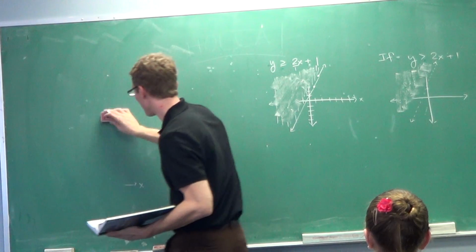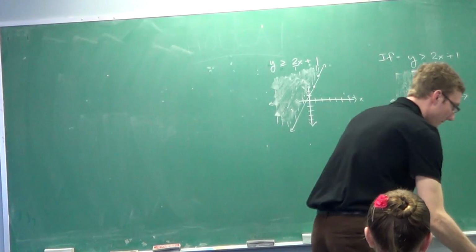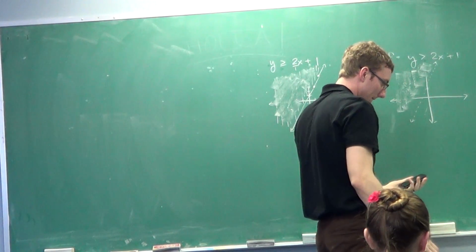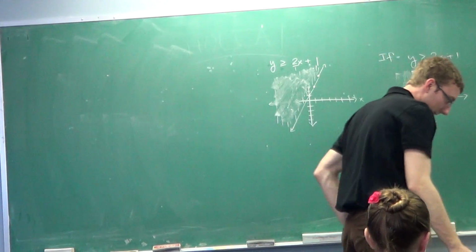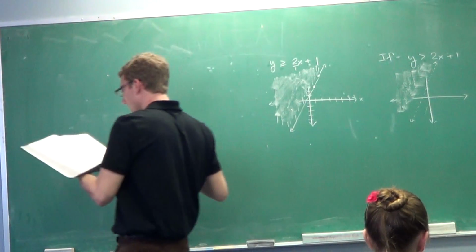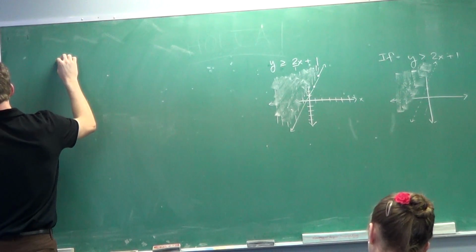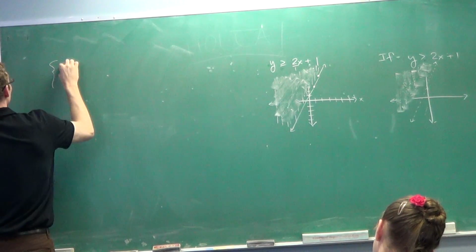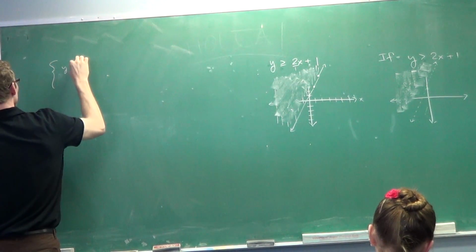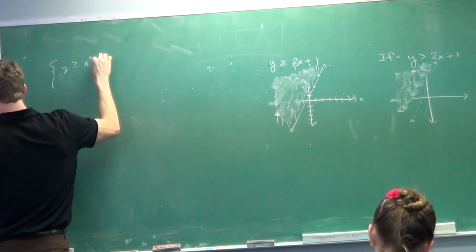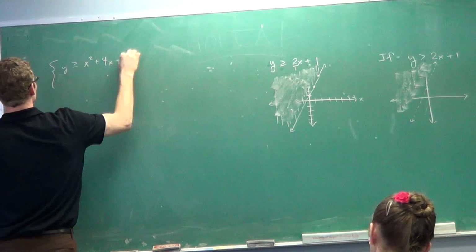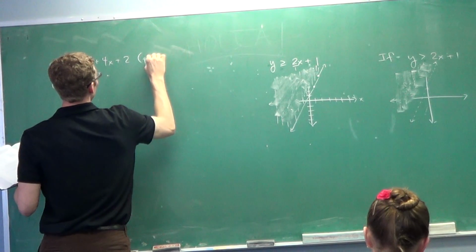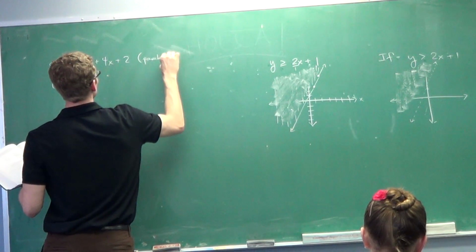So, let me give you an example of how the book will proceed with problems like this. The book will say, y is greater than or equal to x squared plus 4x plus 2, and in parentheses, they'll say parabola.